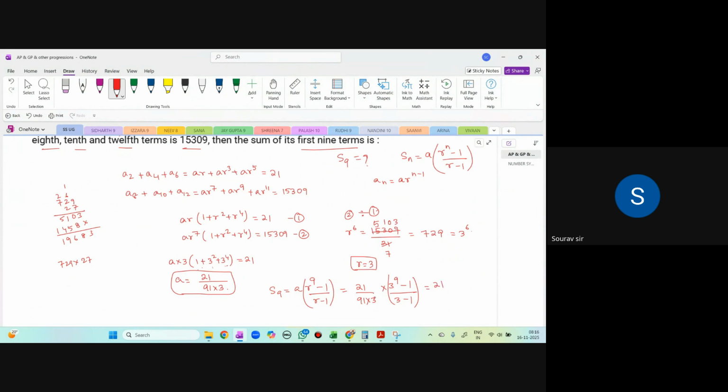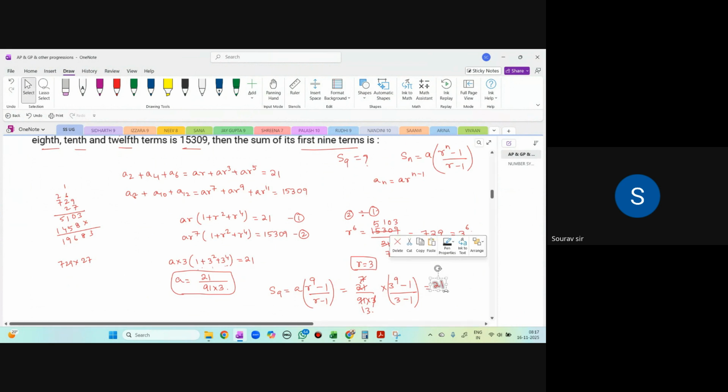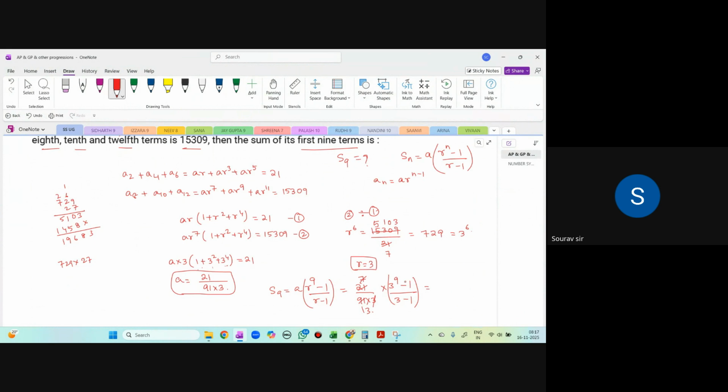21. Okay, so you can cancel this with a 7, cancel this with 13. So this you can already simplify here. So 1 by 13 into 19682 by 2.